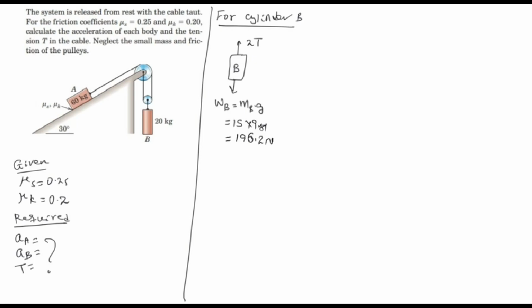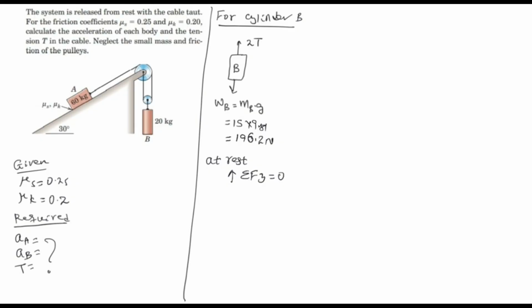Now, since the object is just released at rest condition, let's take out the equivalent tension force in that condition. That means the summation of force in the y direction is equal to 0 because it was at rest in the first condition.